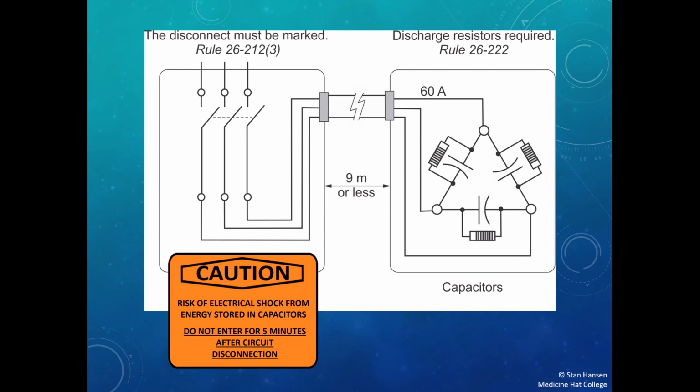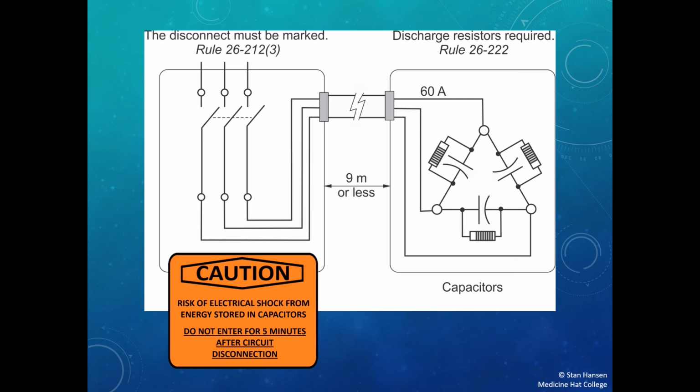Sub-rule 3 also states that a warning notice shall be affixed to the disconnecting means used on the circuits having capacitors only, and it needs to state two different things. First, it needs to state that the circuit has capacitors, and then it also needs to state that a waiting period of 5 minutes is necessary when the circuit is opened, after which the capacitors shall be discharged before handling.